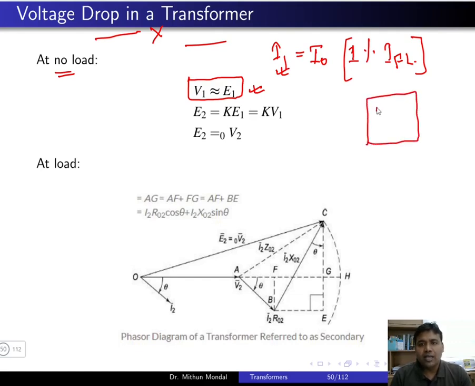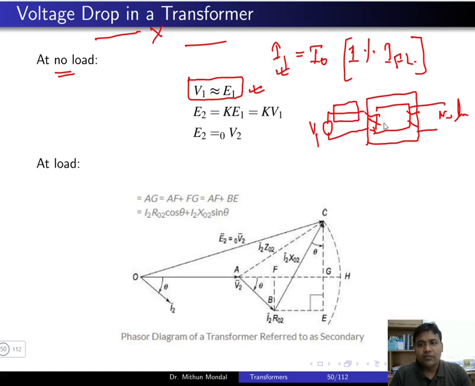If you have a transformer with a primary winding connected to the supply voltage V1, and your secondary is kept at no load condition, all the losses in the winding we can neglect.